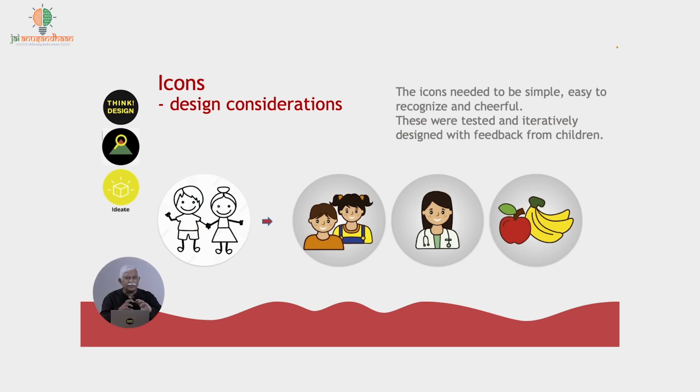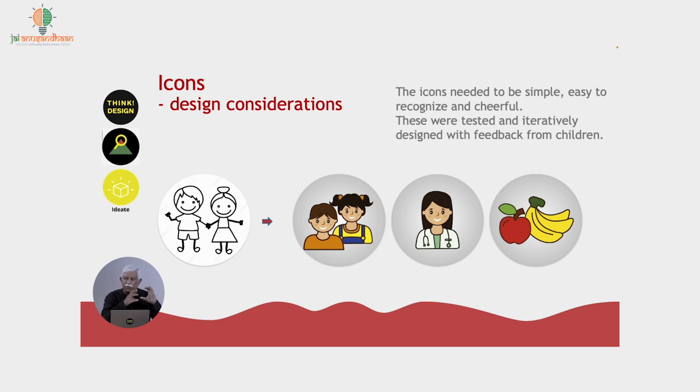And let's look at some of the design considerations that we took while ideating on the project. One of the main and important aspects of this project is the use of images or icons. These will drive the language forming part of it.